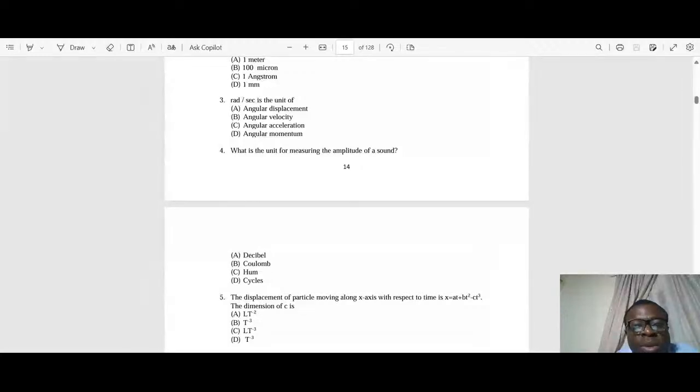The dimension of C is A. LT raised to power minus 2, B. T raised to power minus 3, C. LT raised to power minus 3, and D. T raised to power minus 3.